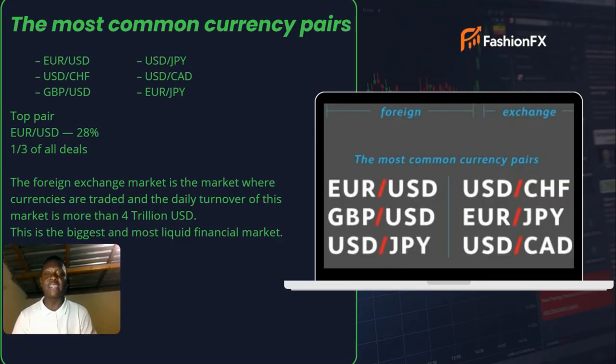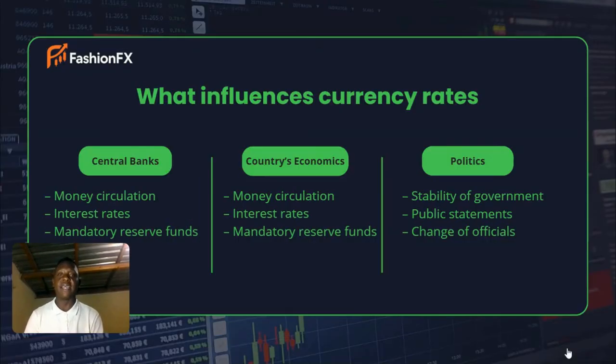These are known as major currency pairs because they have high liquidity. And the most traded pair in the world is EUR/USD, which accounts for about 28% of all Forex trades. That means nearly one third of Forex transactions involve EUR/USD.